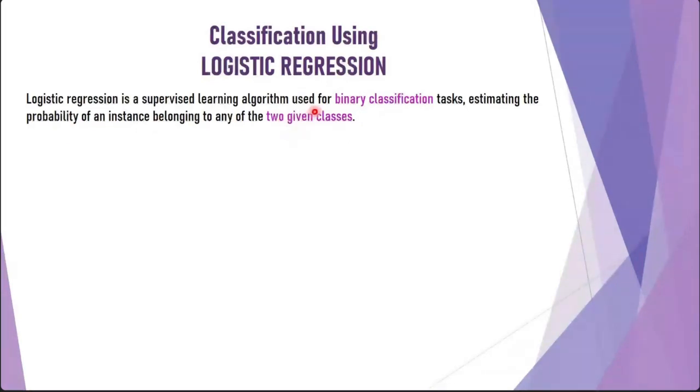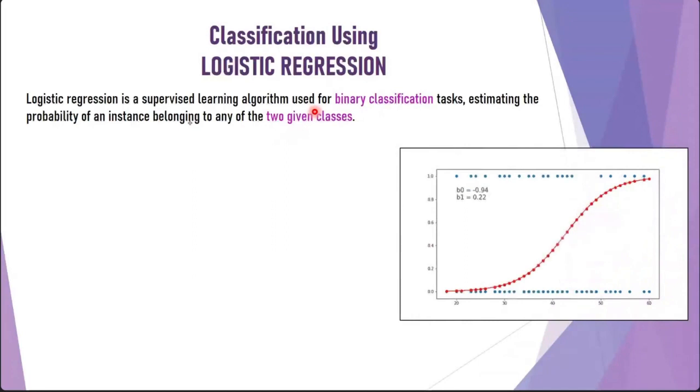Let's see a graph here. We have data points over here, on the top. The data points belong to one of the two classes, and the two classes are represented by either 0 or 1.